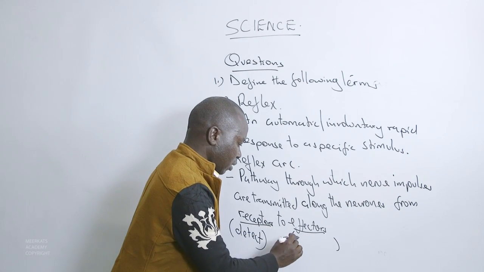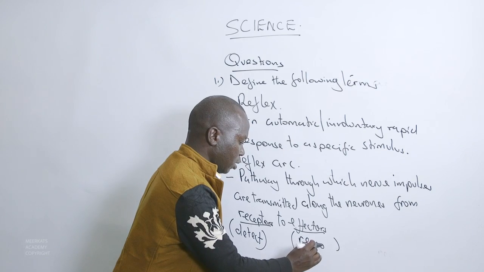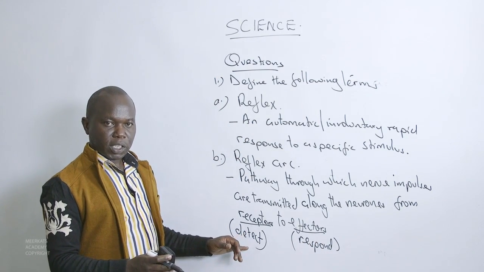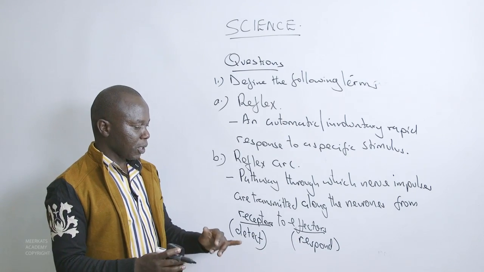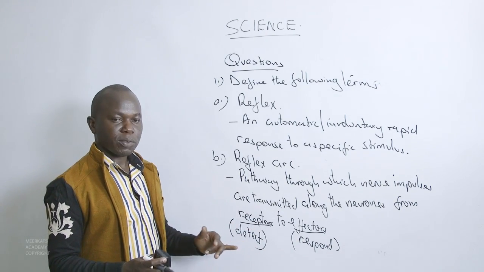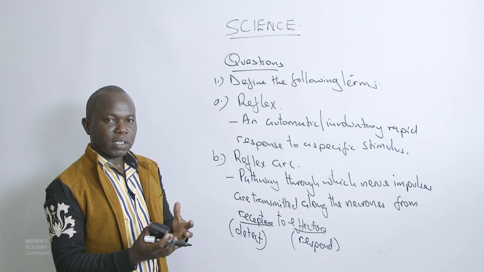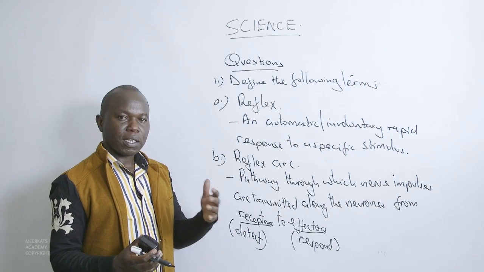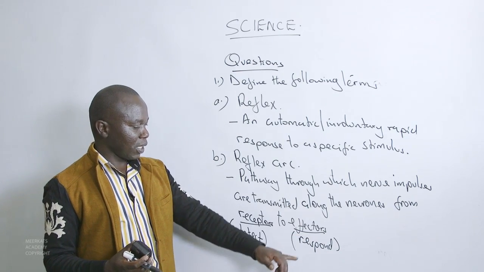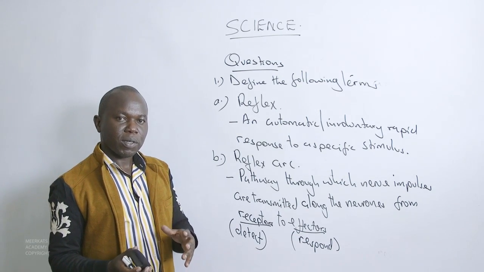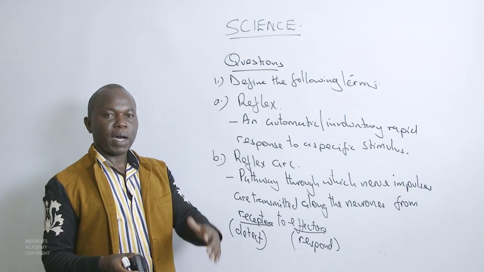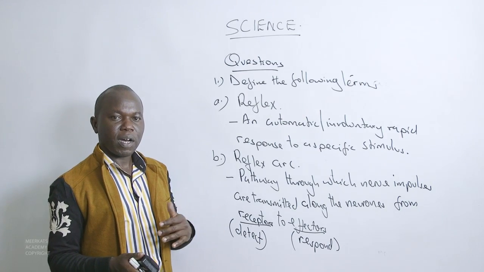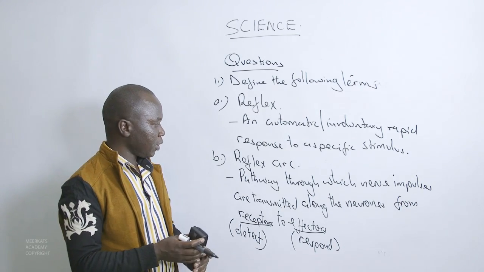Effectors respond to the change. So the receptors could be the sensory nerve endings in the skin, pain detectors, thermoreceptors. Effectors could be the muscles, the ones that will contract to pull your arm off a hot object or a leg off a sharp object.